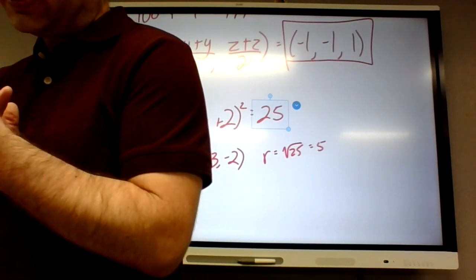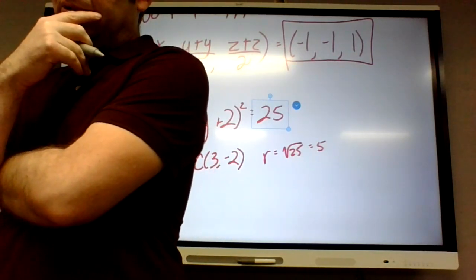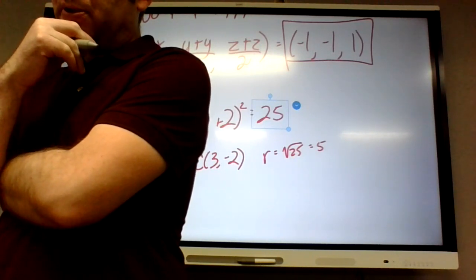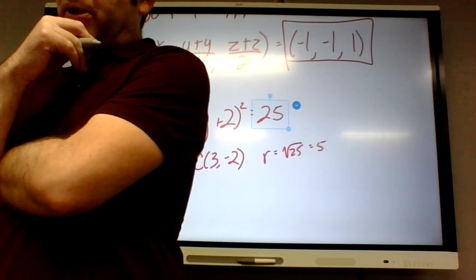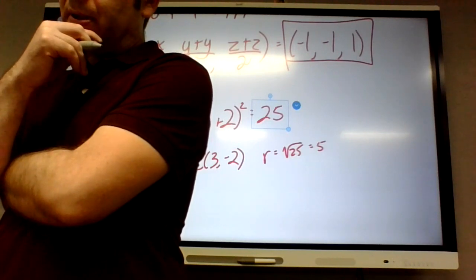So it says find the equation of the plane tangent with equation, blah, blah, blah. Oh, we didn't do tangent though. Well, it's not too much different than what we've done.